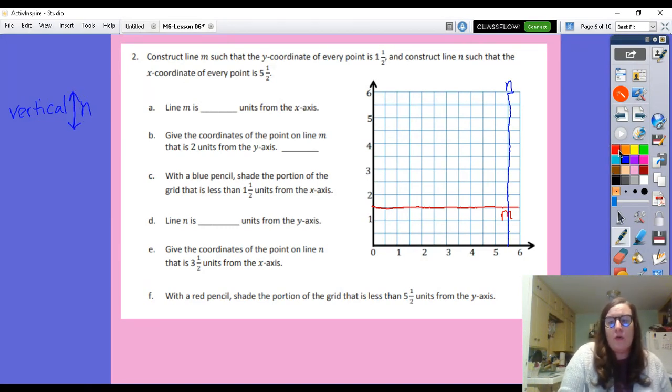And then we have a horizontal line M. And we said that with our vertical lines, they all have the same x coordinate. And we said with a horizontal line, they all have the same y coordinate.